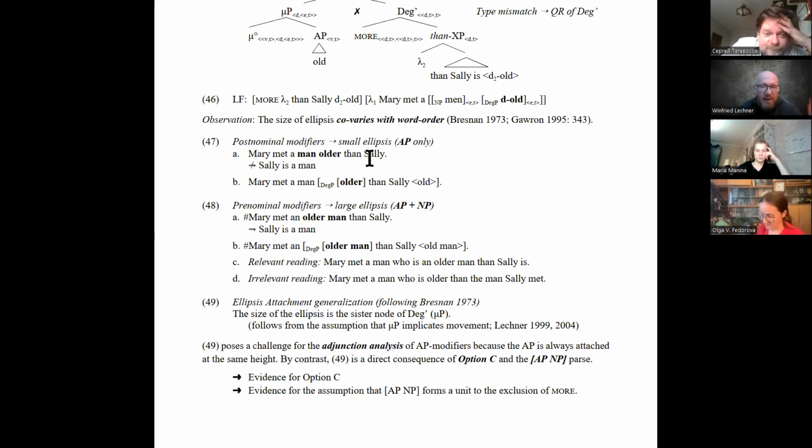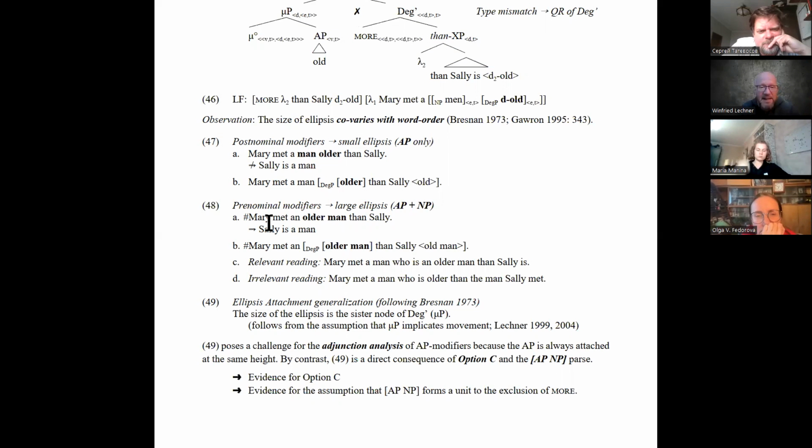Interestingly enough, in the prenominal construction, that is something which is inescapable. So if you compare 47, Mary met a man older than Sally, this doesn't entail that Sally is a man, and that follows from the small ellipsis analysis. What it says here is just that Sally is old.